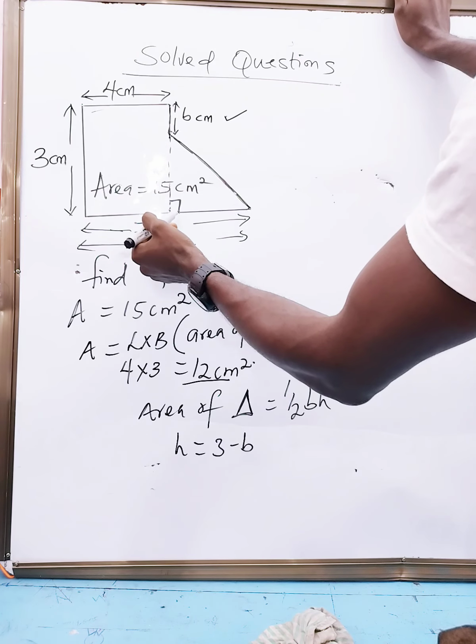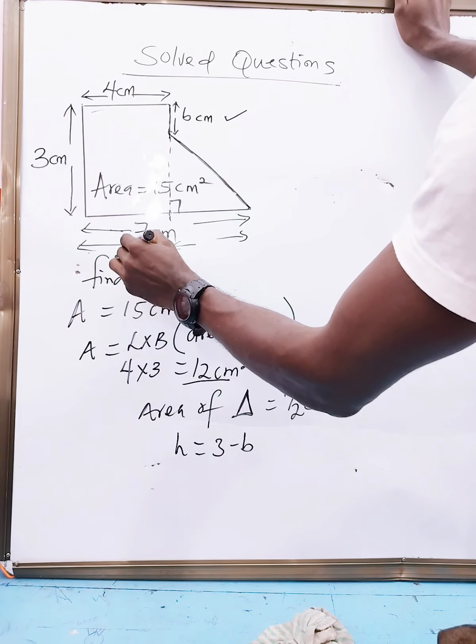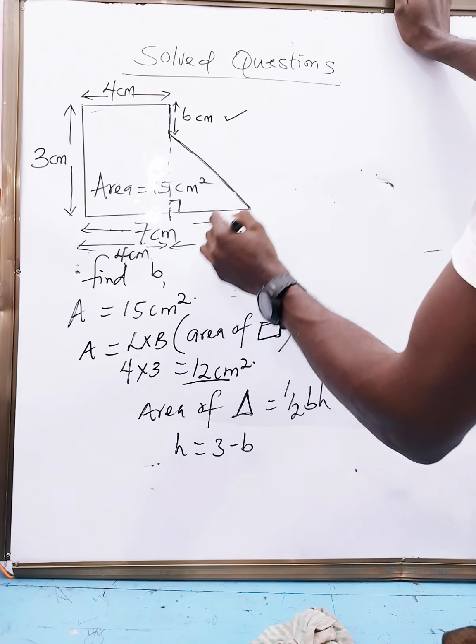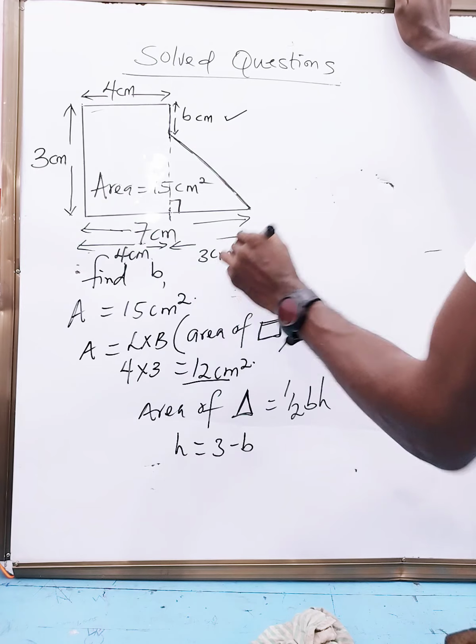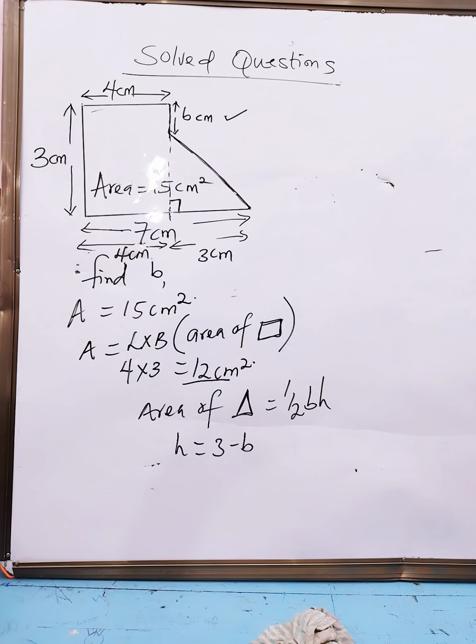So from here to here will be 4 centimeters, whereas from here to here will be 3 centimeters.